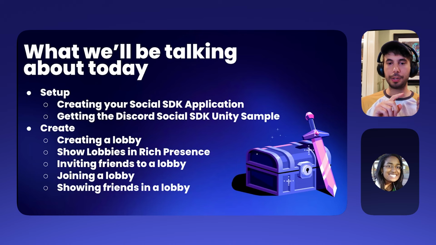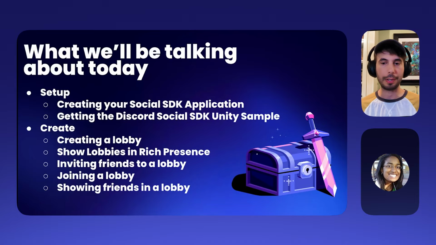We're going to show you how to create a lobby. We're going to show lobbies in rich presence, so players can see what each other is playing in Discord. We're going to allow you to invite friends to the lobby in the game, both through Discord and through other games. We're going to show you how joining works, and then we're going to show what it looks like to display friends in your game that are in the lobby that you're in.